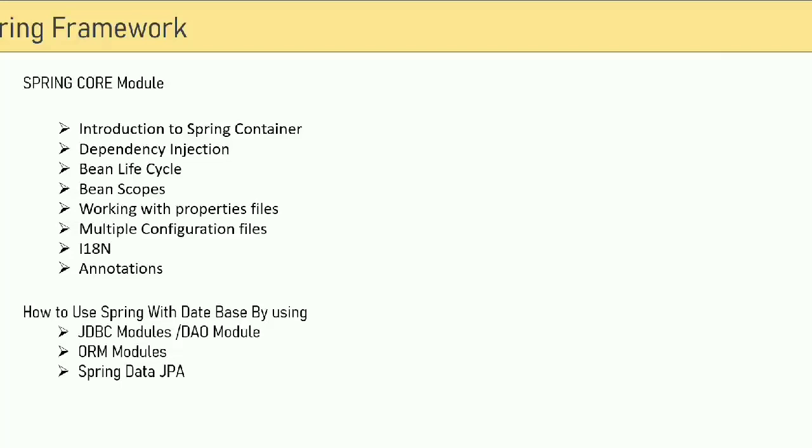Then we have to talk about ORM and Spring Data JPA, which is again going to tell us how to communicate with your database, and it gives us a different way altogether to connect with your database. There is also the MVC module, which is a super important module in Spring.